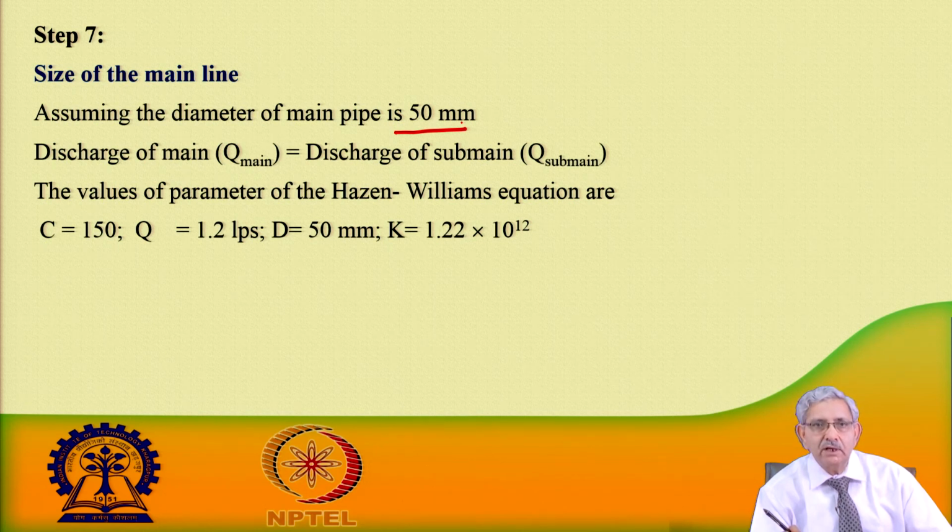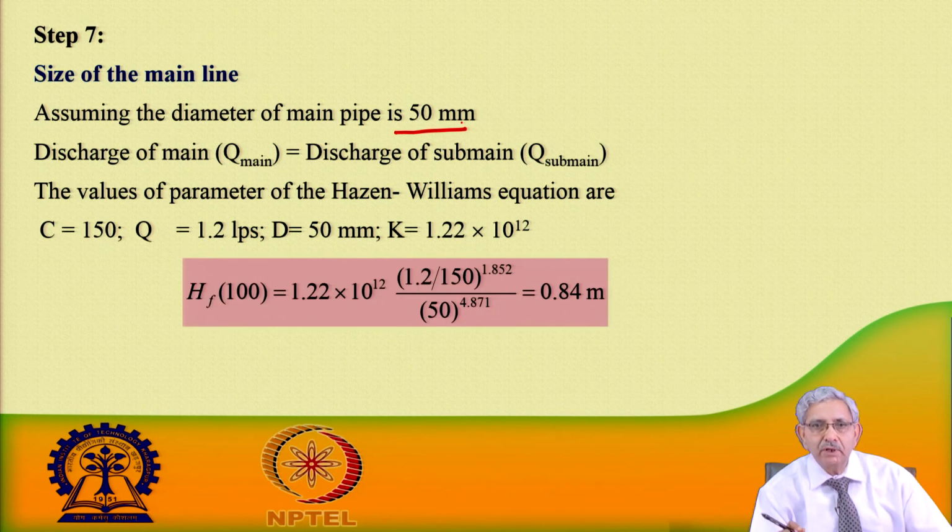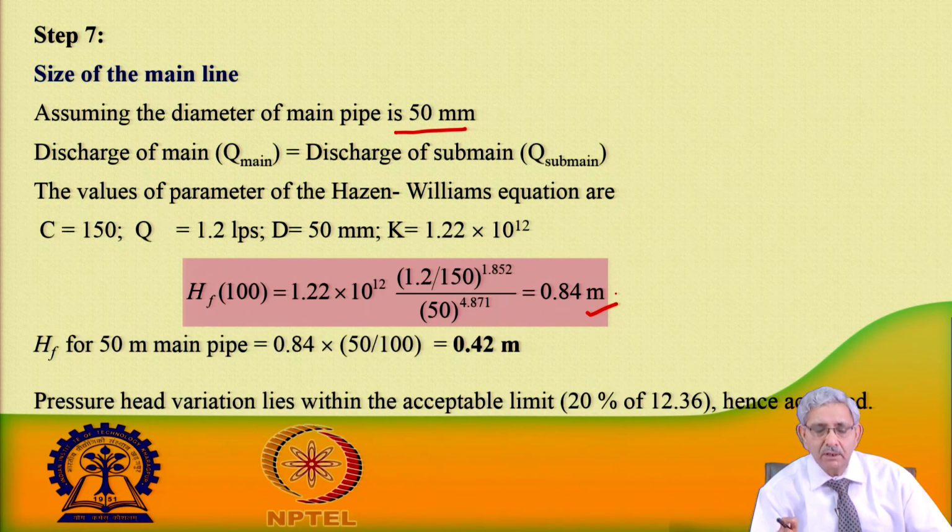HDPE C is taken as 150 and Q equal to 1.2 liter per second, D is 50 millimeter and K is the unit constant. So, we are substituting, and we get the value for the 50 millimeter pipeline as 0.84 meter when the pipe length is 100 meter. Now, this is a 50 meter pipe, so half of this will be the head loss due to friction, that is 0.42 meter.